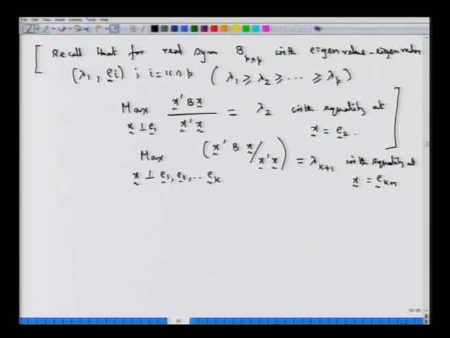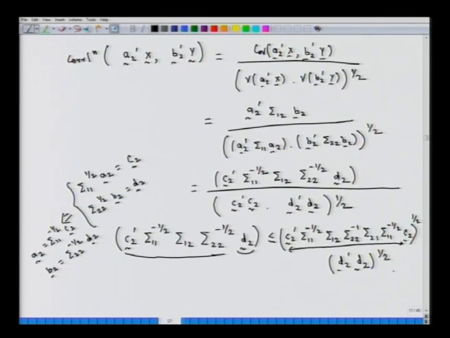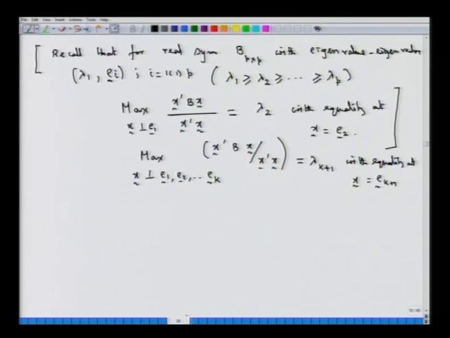This is a standard result in matrix theory. We will use it to derive the second, third, fourth and, in general, the kth pair of canonical variables. At what point are we going to use this result on eigenvalues? We are going to use it in this particular expression. Now, let us write this expression.